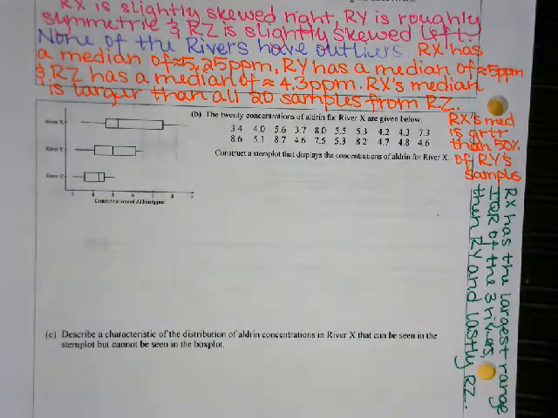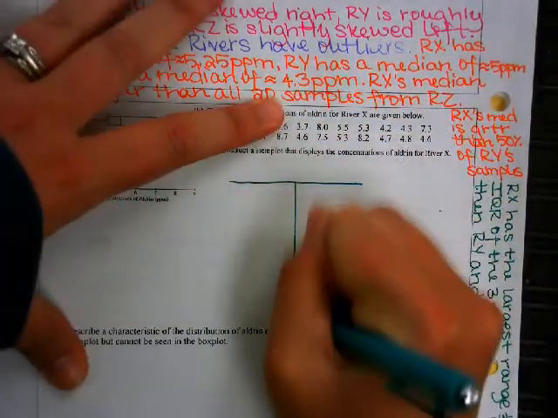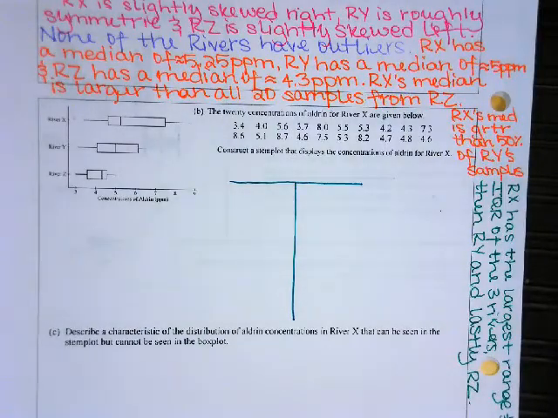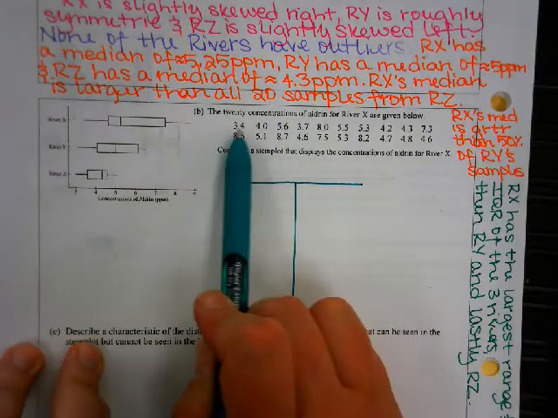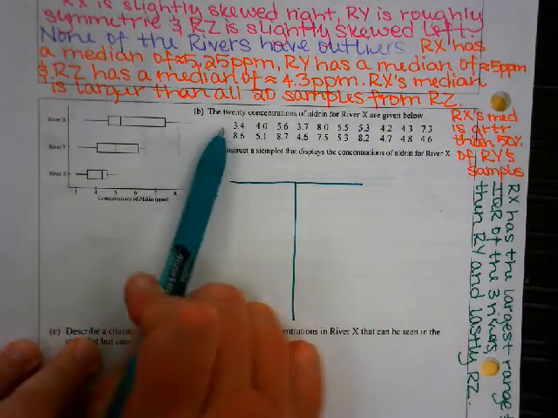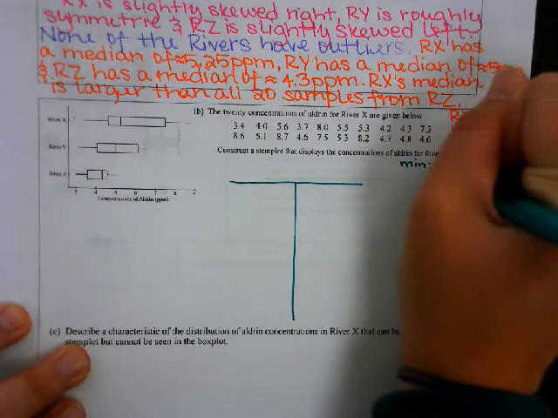So let's put a title. What's the smallest concentration? 3.4. So the min is 3.4. What's the max? The 8.7? This one right here, 8.7.